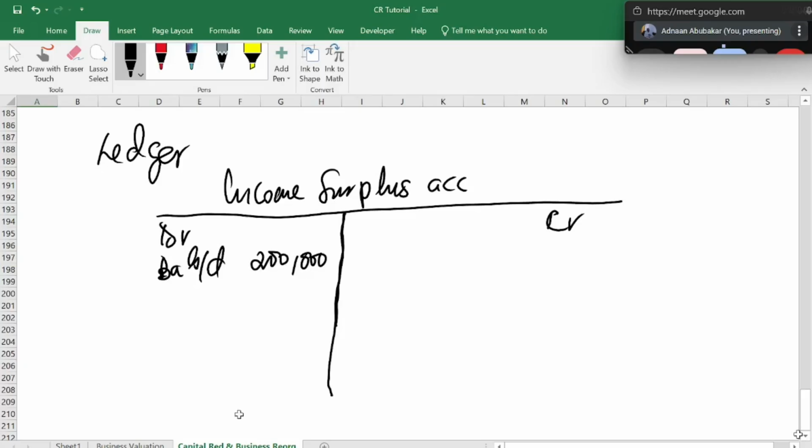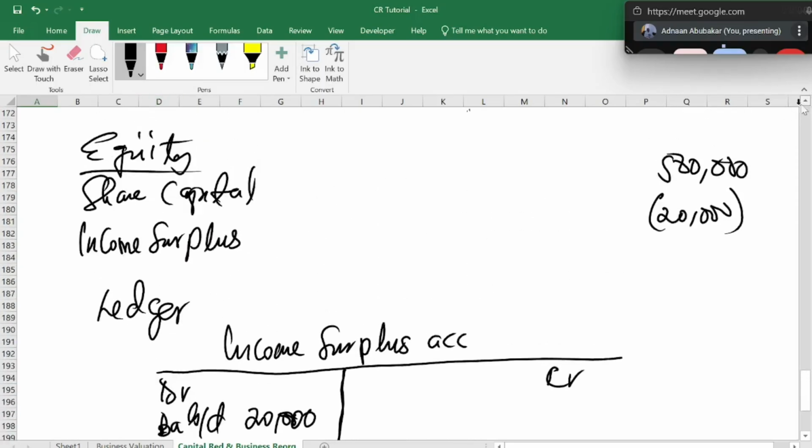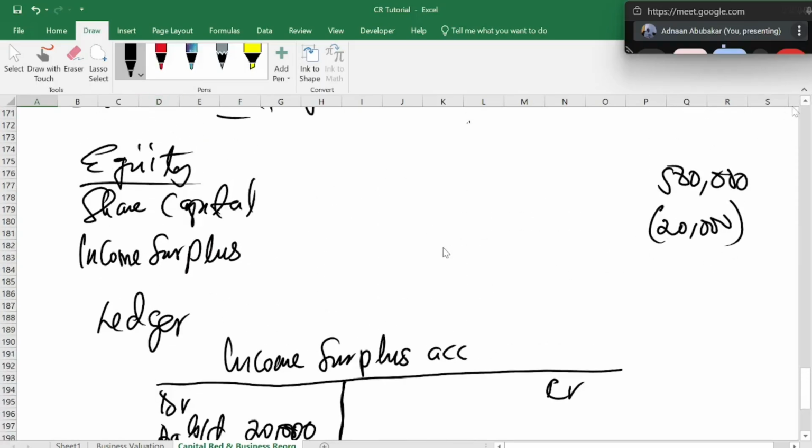So here they said that you have to write it off. Is it 200,000 or 20,000? 20,000. Yes. You see, because it's in brackets, it means it's the debit.